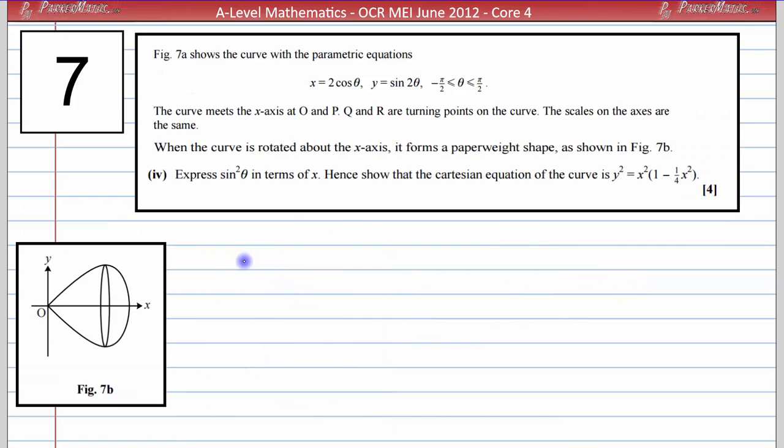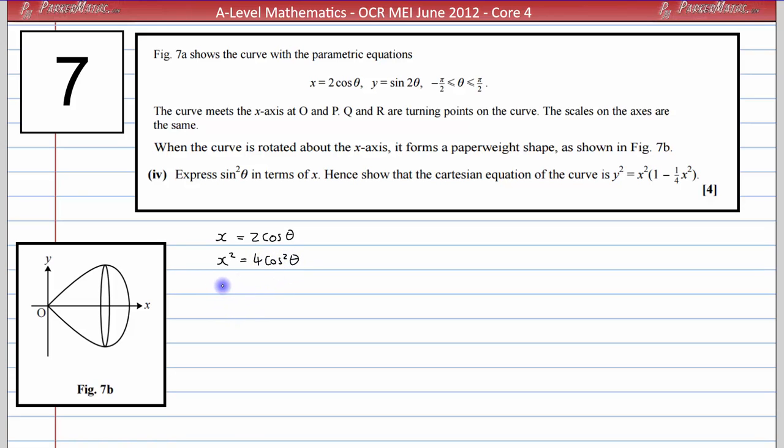Part 4 says express sine squared theta in terms of x, and hence show the Cartesian equation of the curve is y squared equals x squared bracket 1 minus a quarter x squared. So starting with x equals 2 cos theta, if we square both sides, we get x squared equals 4 cos squared theta.